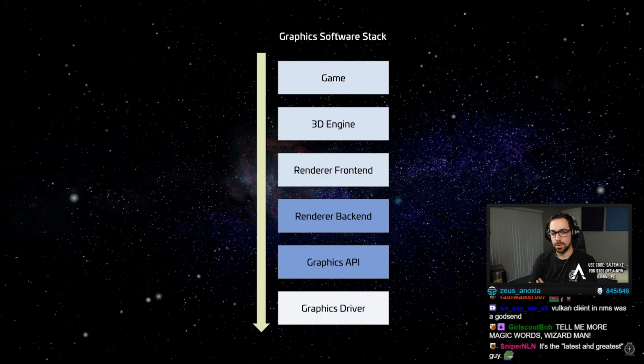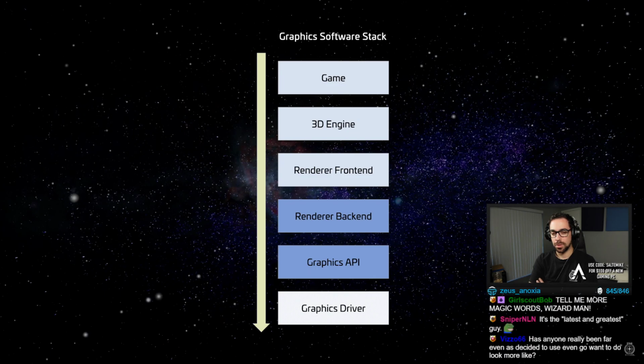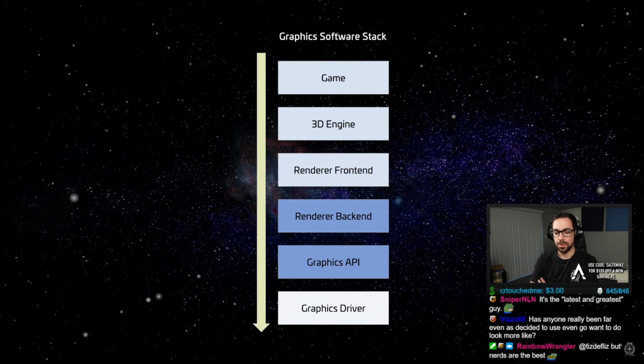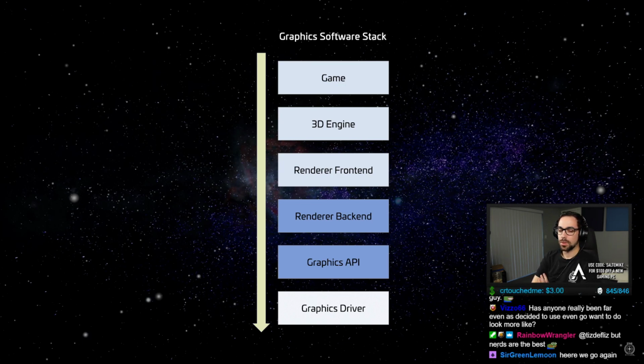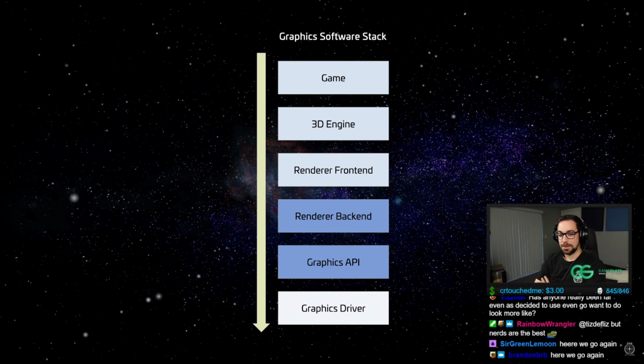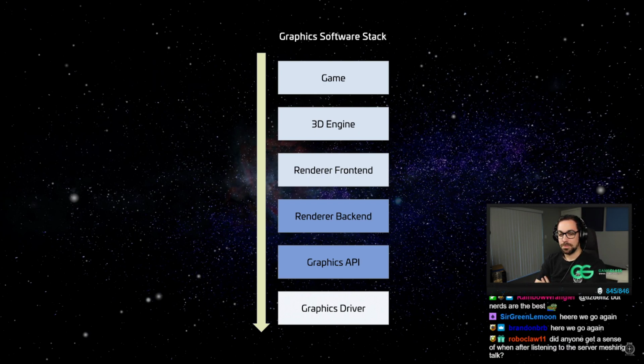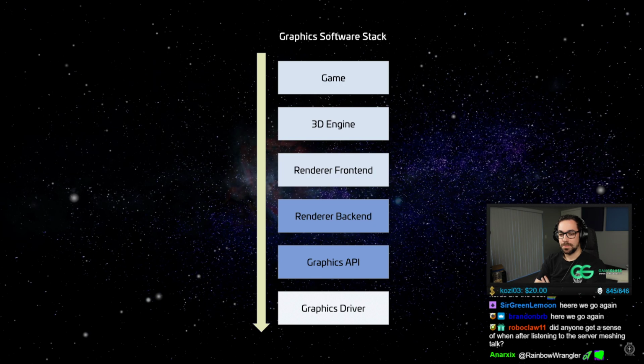So I would like to explain a bit more about the software stack that's involved with our graphics in the engine. So from the image, you can see that we have a renderer front end, a renderer back end, and as well the graphics driver. The Vulkan API generally sits at the renderer back end and allows us a fine-grained control over what we develop and how we develop for it.